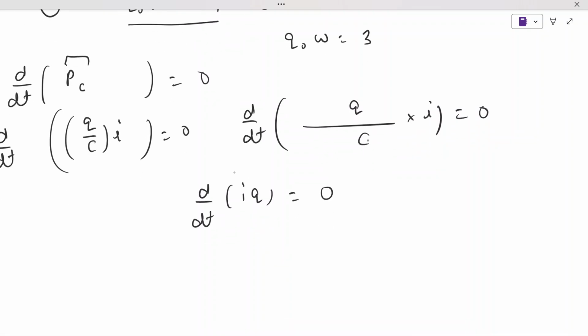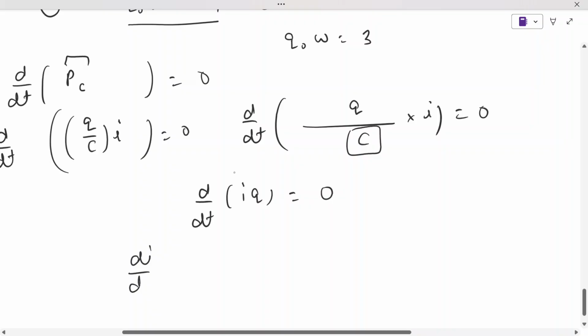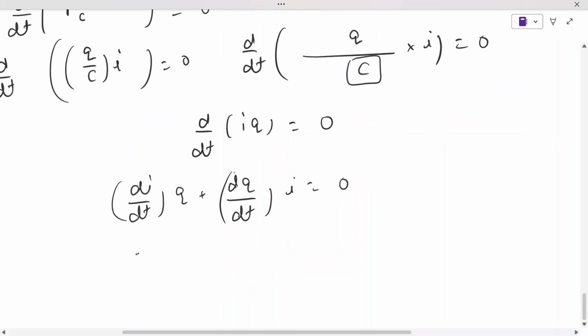C is constant, the capacitor. It is just d by dt into Q, just dq by dt into I. So I can write di by dt into Q plus I square equal to 0.